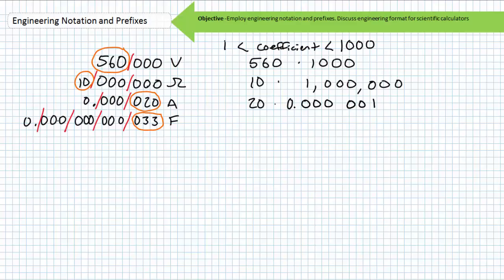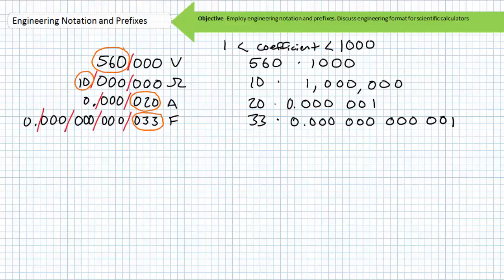0.000020 is actually 20 times 0.000001, or 1 millionth. The coefficient 20 is less than 1,000 and greater than 1. Again, we're multiplying the coefficient times the power of 10. In this case, a millionth.